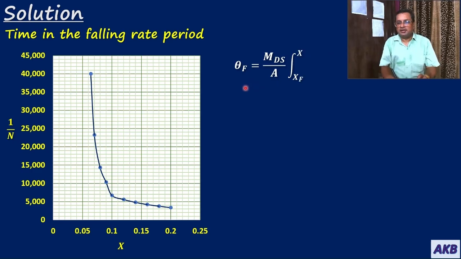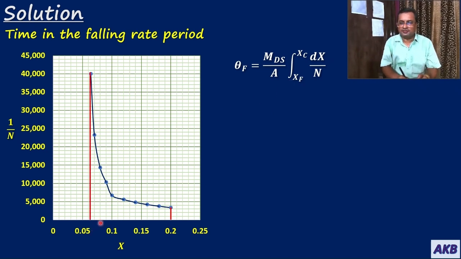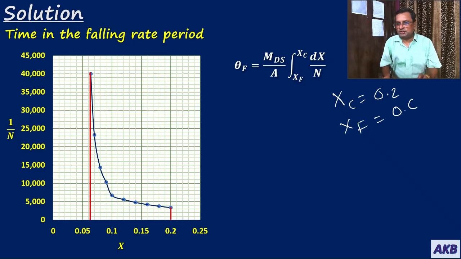Our equation is theta f is equal to m ds upon a into integration from xf to xc dx upon n, and we are getting the value for this integral. The upper limit xc is 0.2, and the lower limit xf is 0.064. Accordingly, I have selected the limits.